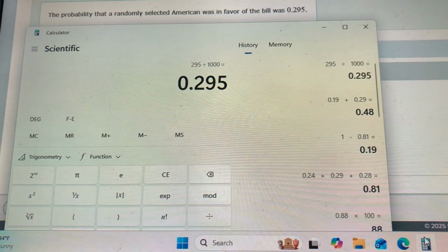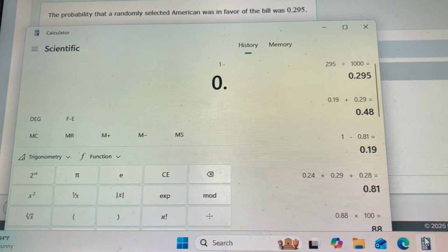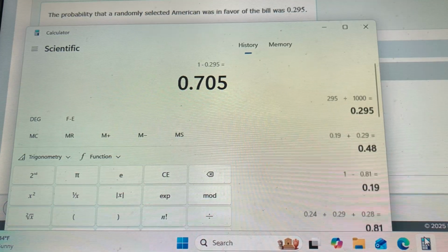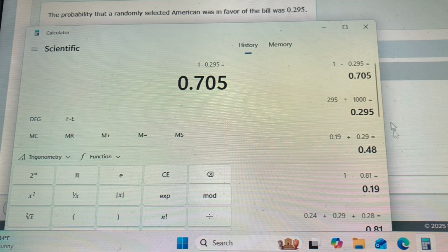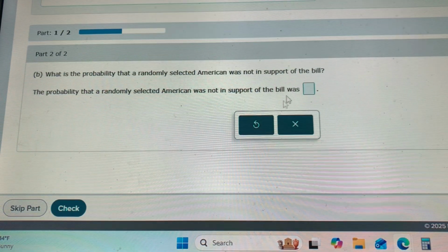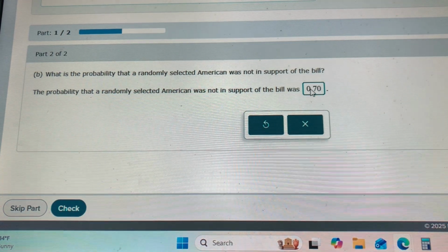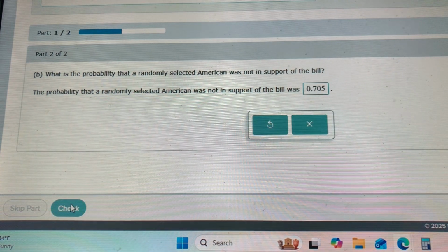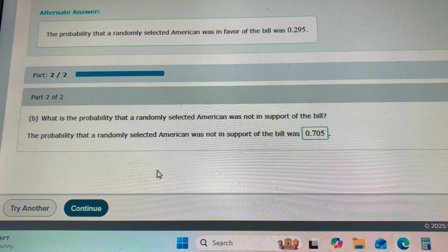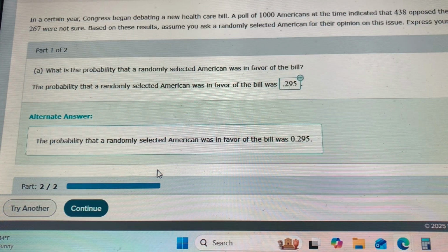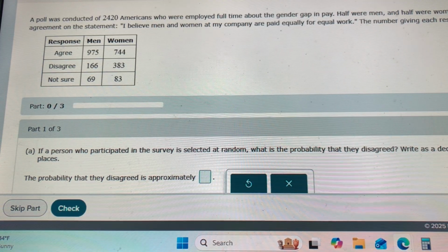So the easier way to do it is literally 1 minus the answer you just got. Or I could take the other two and add them together if I wanted to. So 0.705. So that complement helps so much. Just 1 minus, you can get it real quickly.